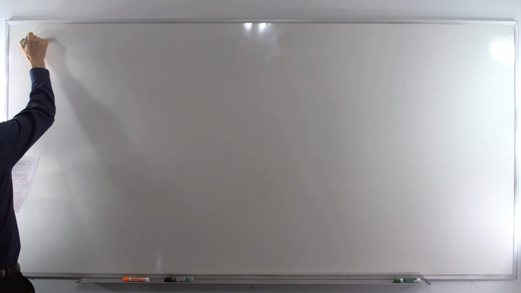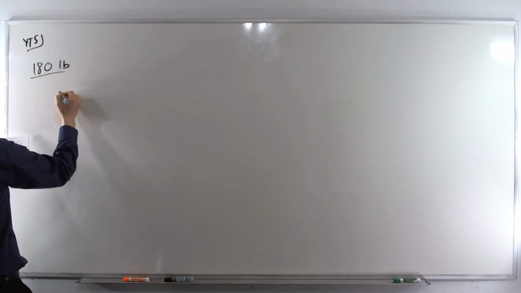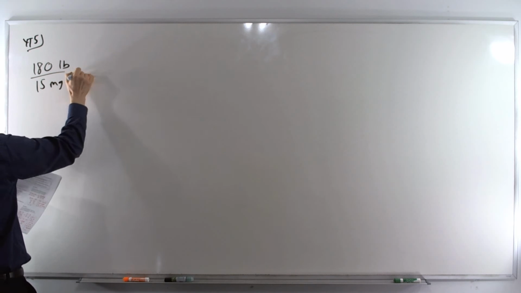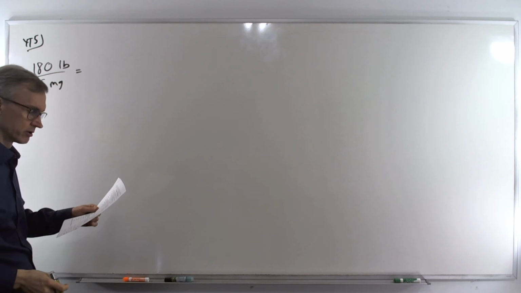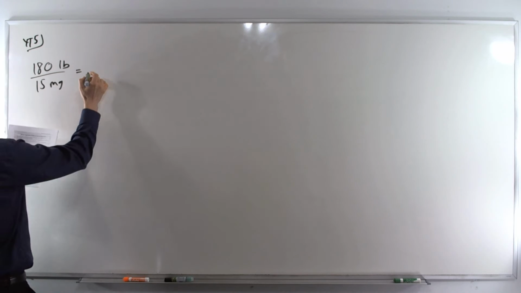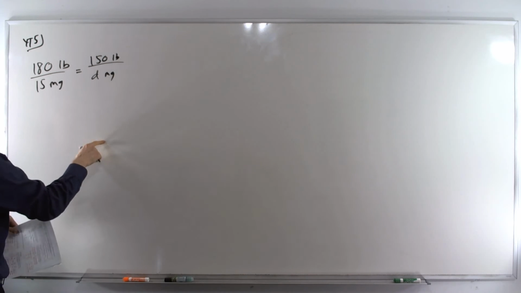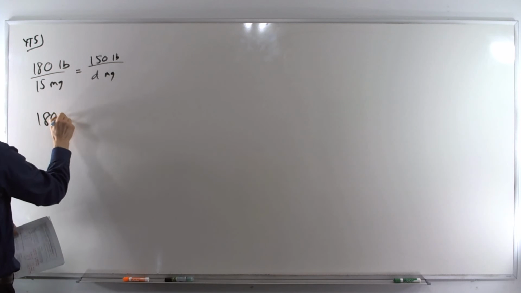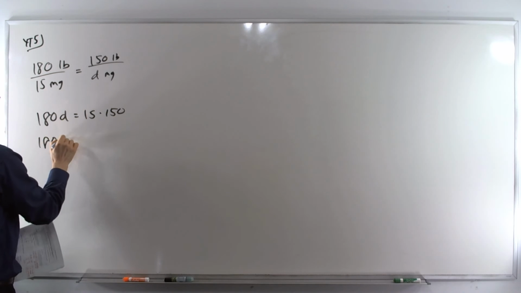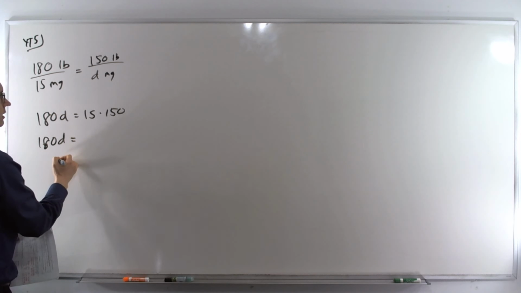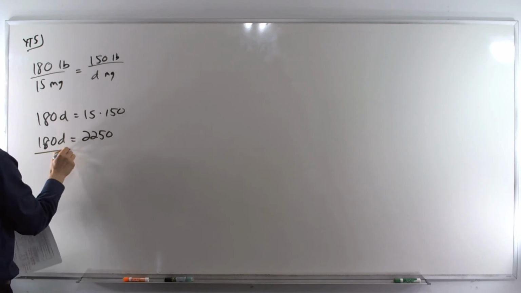So for your turn 5, 180 pounds is associated with 15 milligrams. We're looking for the dosage, so I'm going to define D to be the dosage for a 150-pound person. So on the other side, we got 150 pounds on top and D milligrams on the bottom. Cross multiplying, we got D times 180, that's 180D equals 15 times 150. 180D is 2250.